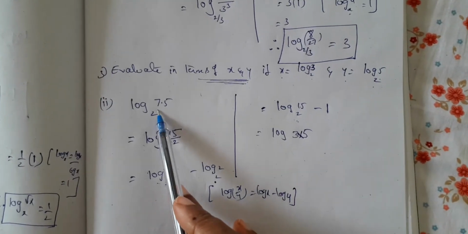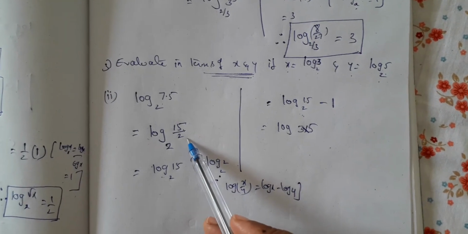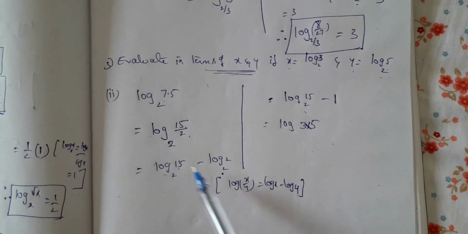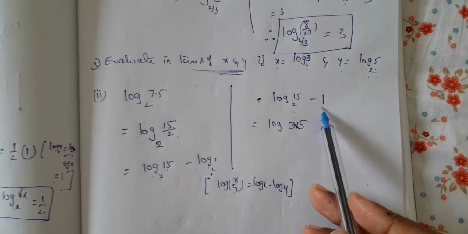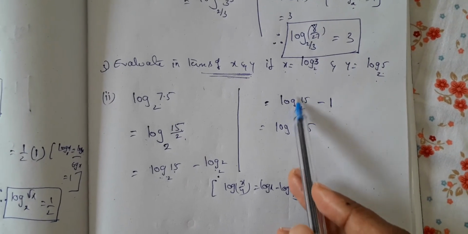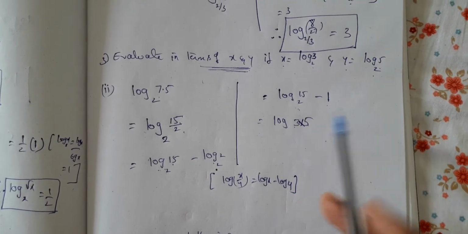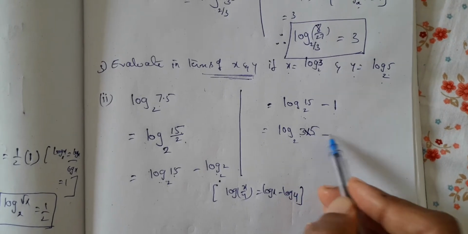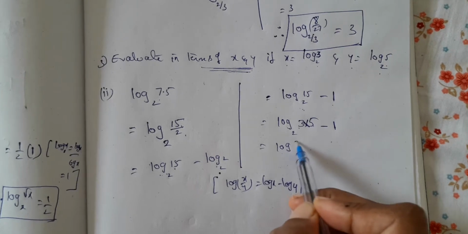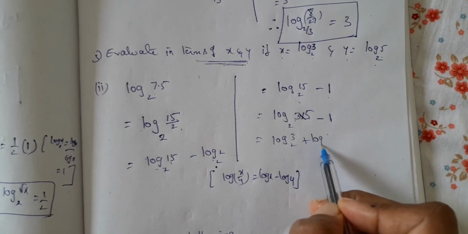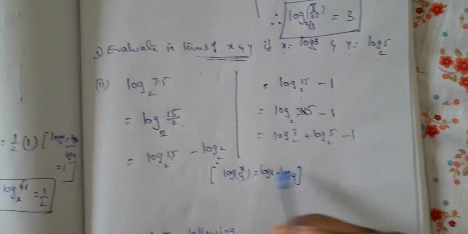So therefore 7.5 I converted into 15 by 2. So log 15 minus log 2, and log 2 base 2 is 1. Now this 15 I am converting into 3 into 5, base 2 as it is, minus 1. So this can be written as log 3 base 2 plus log 5 base 2 minus 1.